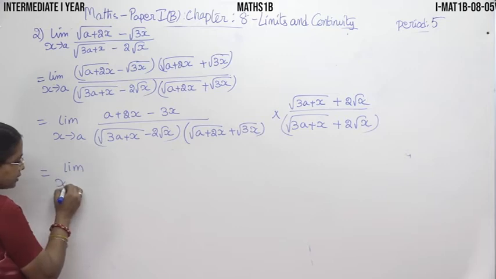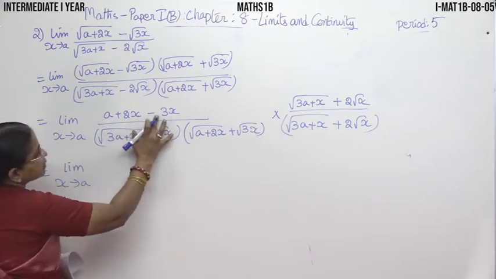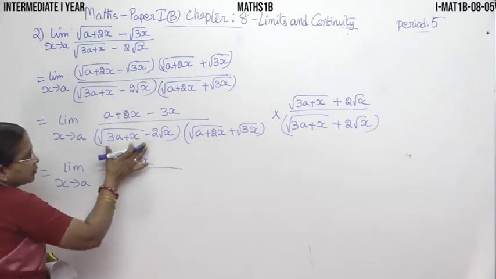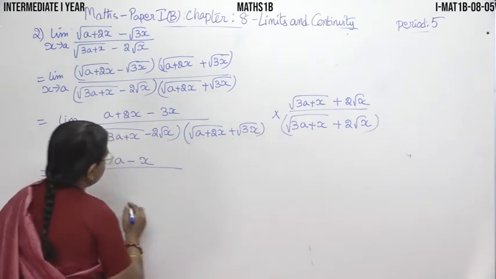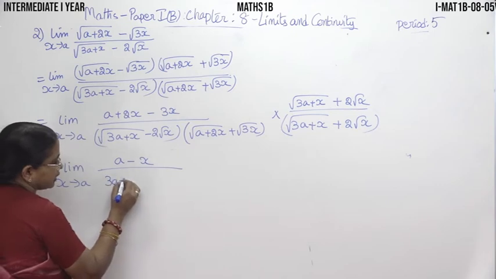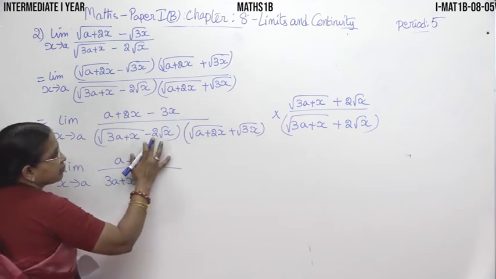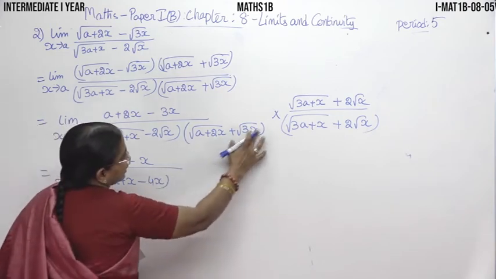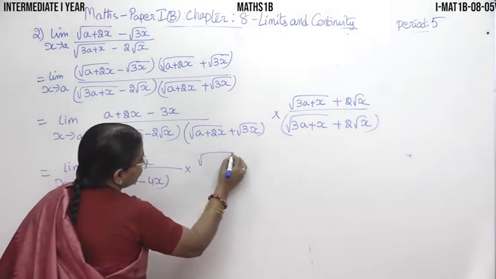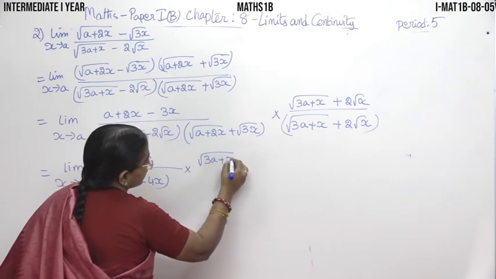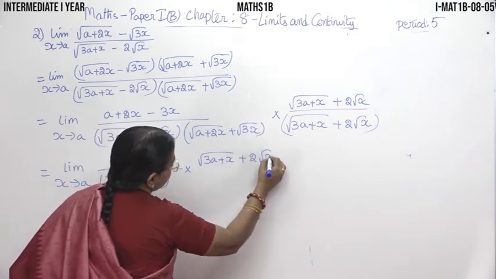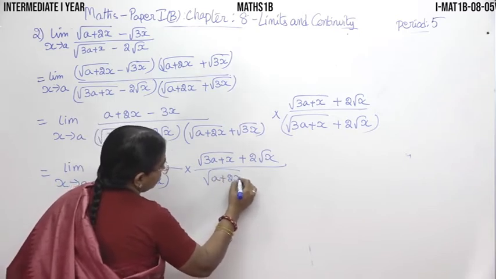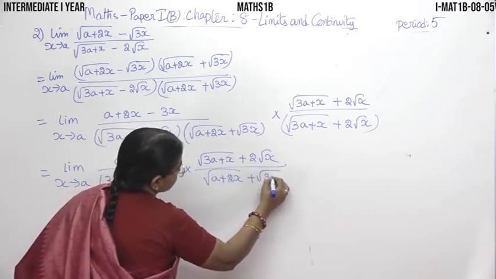So limit x tending to a of, now we'll simplify this, a minus x by, these two we are writing as 3a plus x minus b square, meaning 4x. Now we'll write these two as it is, into root of (3a plus x) plus 2 root x by root of (a plus 2x) plus root of 3x.